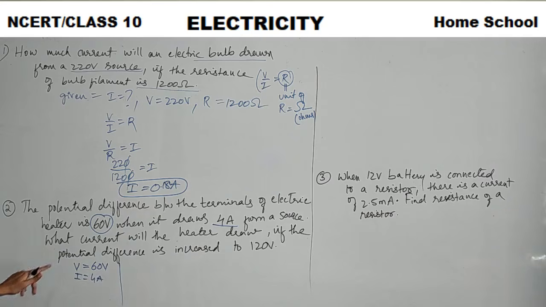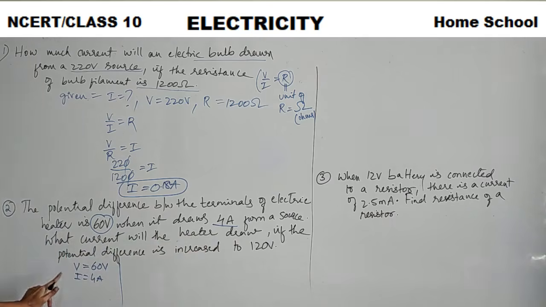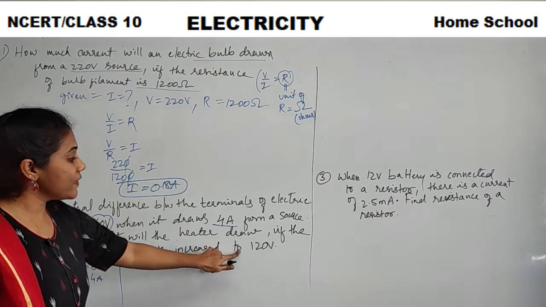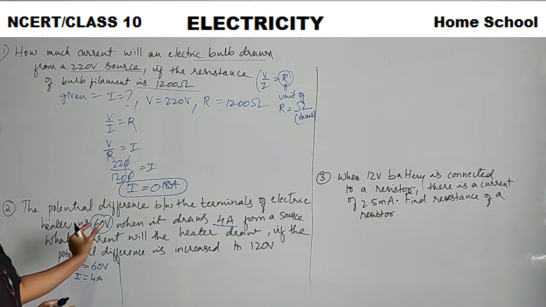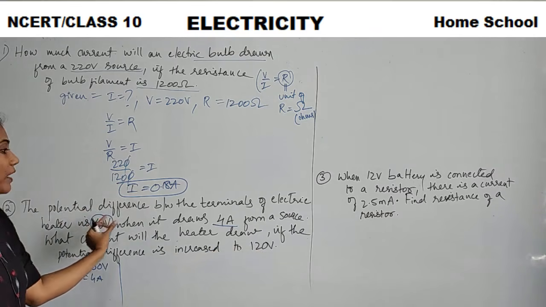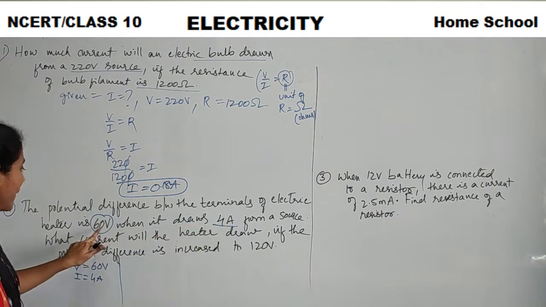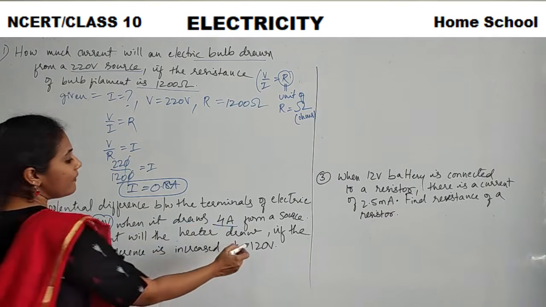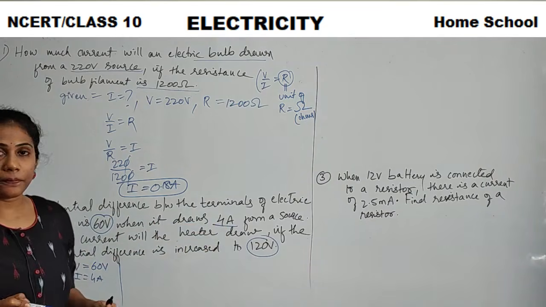But see the question: what current will the heater draw if the potential difference is increased to 120 volts? When you give a power supply of 60 volts, you got a current of 4 amperes. But when you give a power supply of 120 volts, how much current do you get?